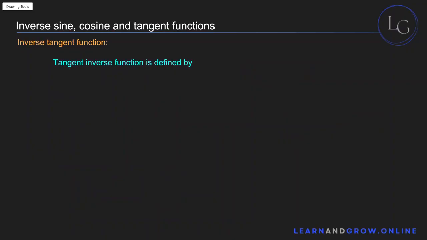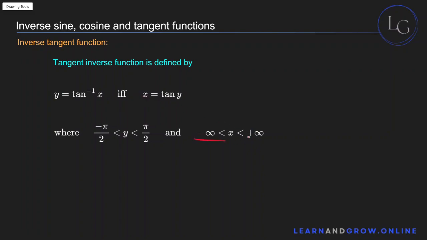Okay, so for the inverse tangent function, again, the value of x will lie between -infinity and positive infinity, right? As you can see, the graph of tangent is something like this, right?